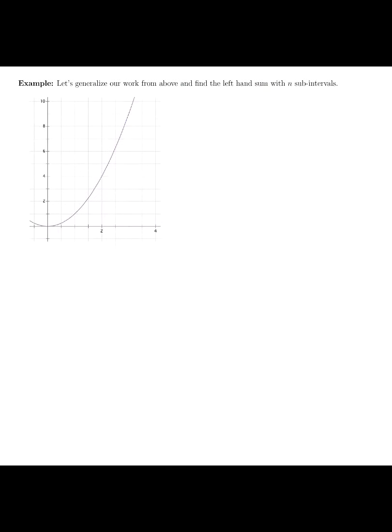So we want to find the left-hand sum with n subintervals. Okay, so here's how we're going to do this. Delta x, again, is always the width of each subinterval.